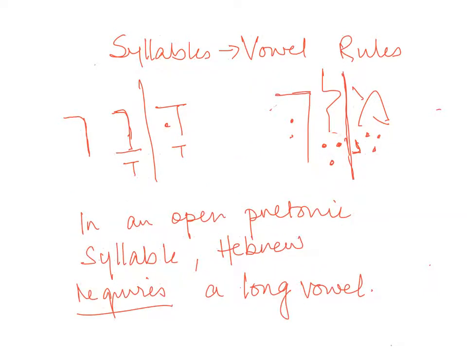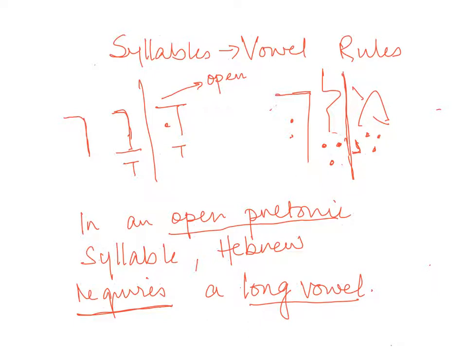Here's the next rule. The third rule is, in an open pretonic syllable, Hebrew requires a long vowel. In an open pretonic, it requires, please remember, it requires a long vowel. For you to remember and understand this concept, let me take you back to davar. Now, davar, I'm going to look at the first syllable. The first syllable, da, is ending with a vowel, so it's an open syllable.